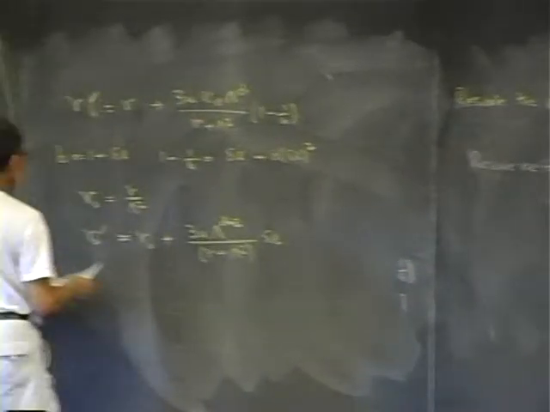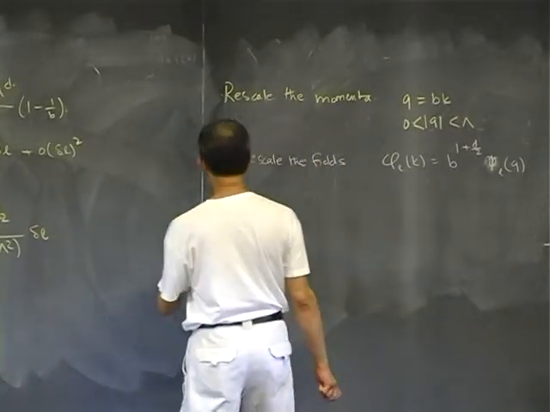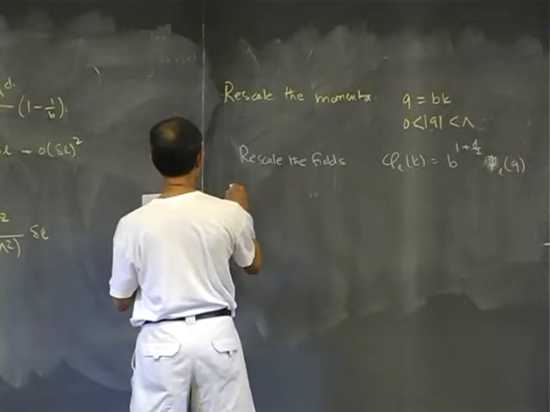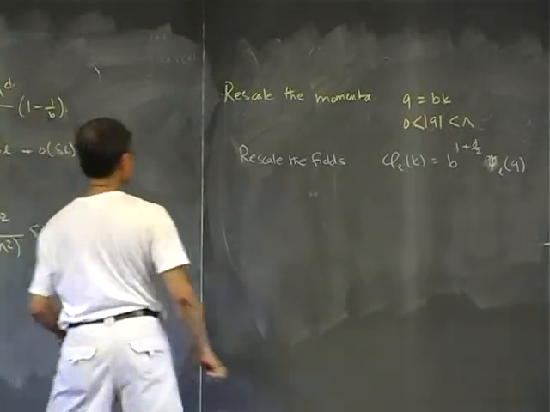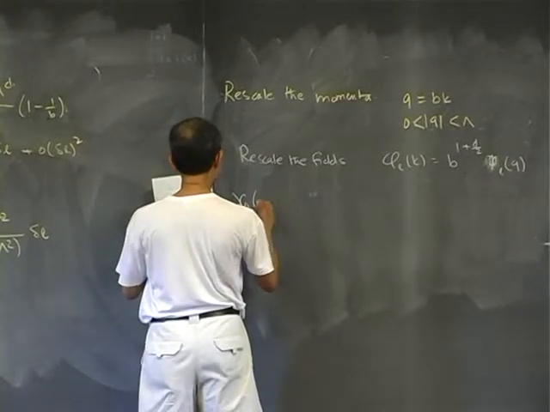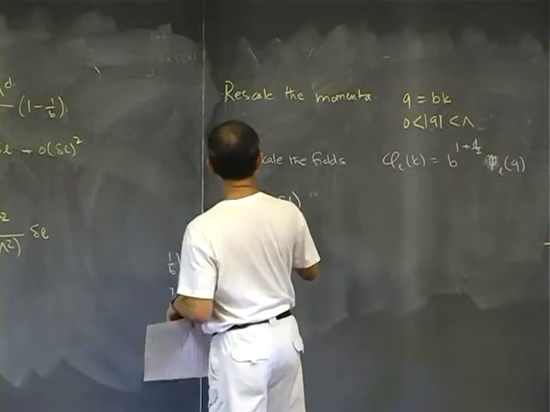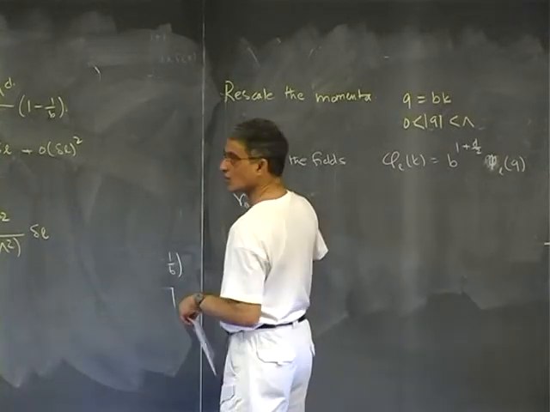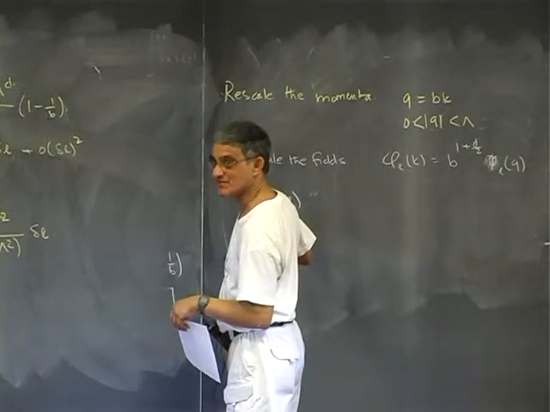After I do these rescalings, then what you find is the term becomes, so do this together with that, and eventually you get a recursion relation which looks like R at L plus delta L. What I mean by L plus delta L is L was like the log of lambda, and delta L is a log of lambda by b.